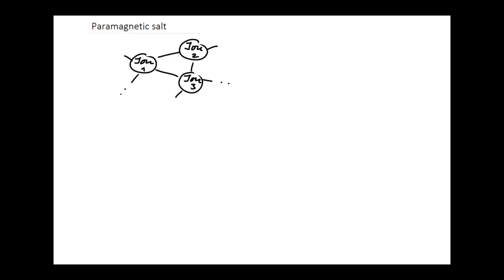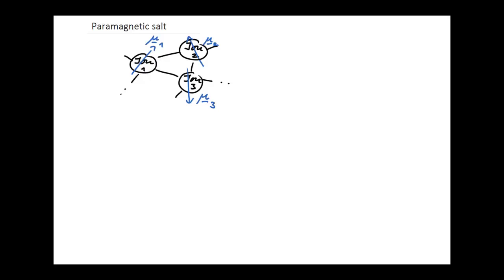Each ion carries a magnetic moment. So ion number 1 might carry the magnetic moment mu1. Ion number 2 might carry the magnetic moment mu2. And ion number 3, let's say, the magnetic moment mu3.